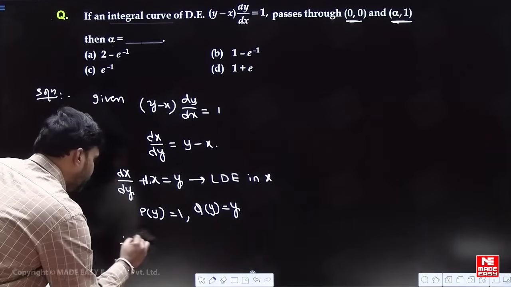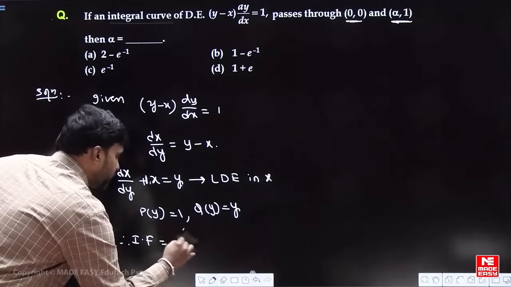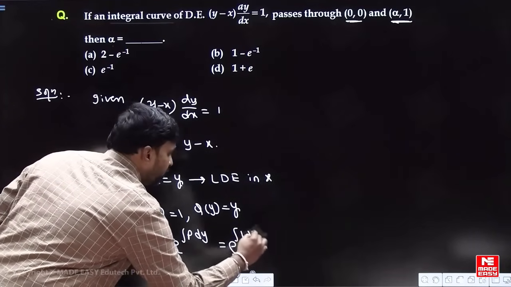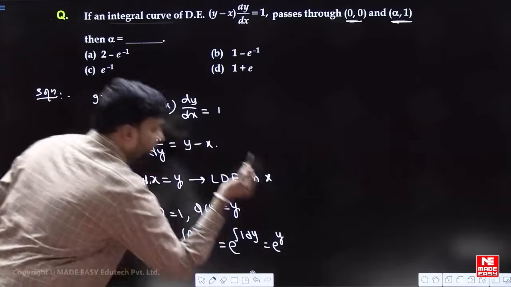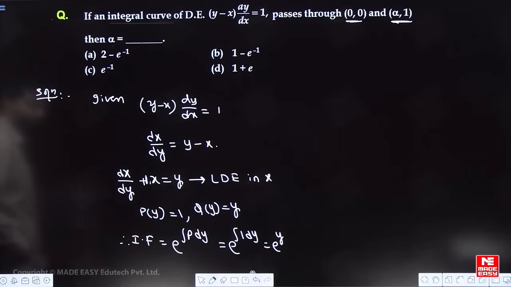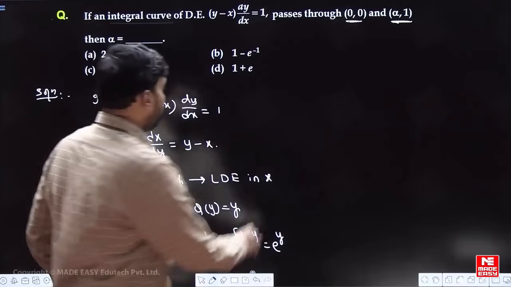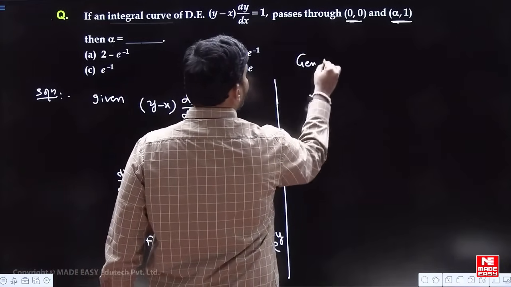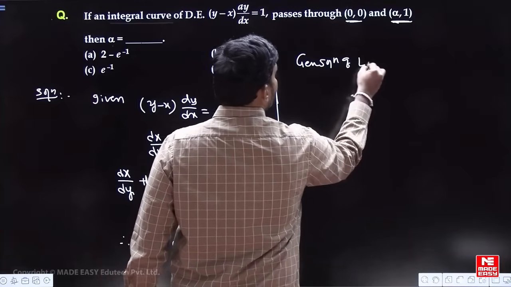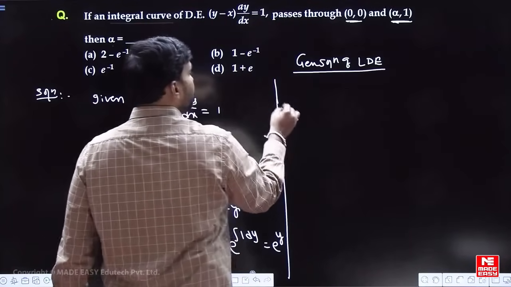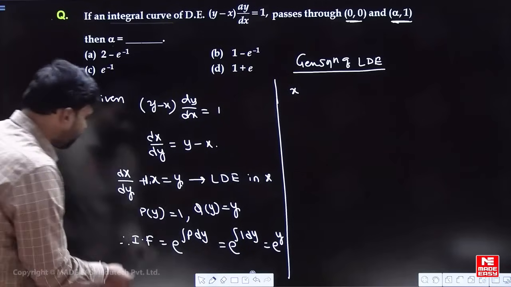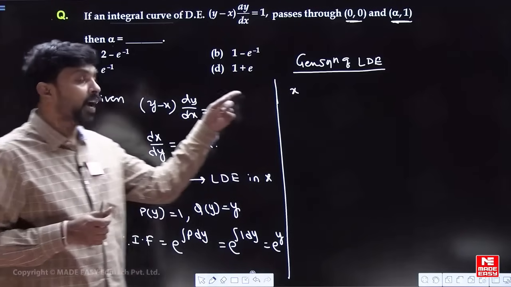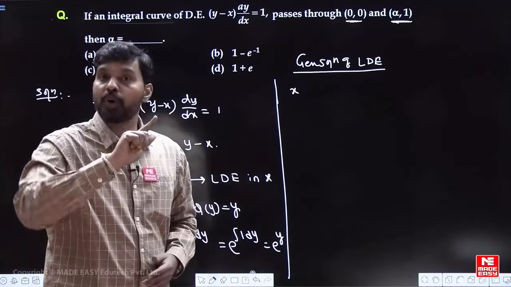Therefore the integrating factor is taken as e to the power of integral p dy, that is e to the power of 1 dy, which is e to the power of y. This is the integrating factor. After this, let us take the general solution here. As this differential equation is dx by dy, the solution we have to write is for x, not y.